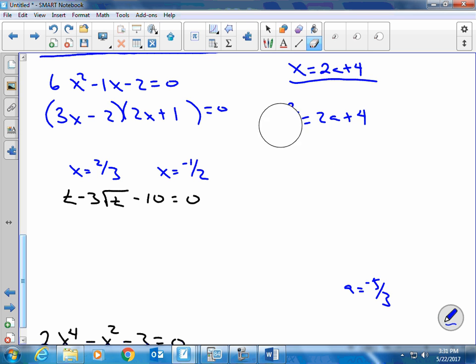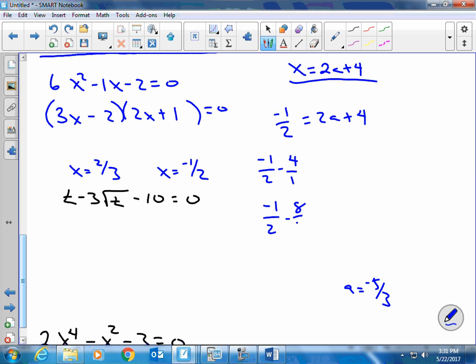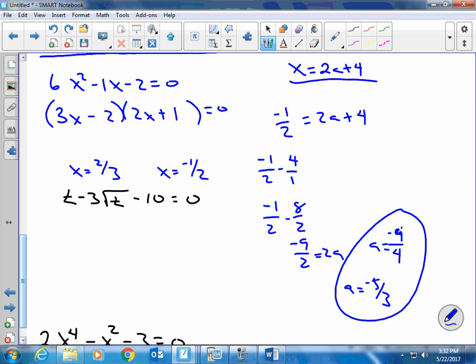Repeat the same process. Take the negative 1/2, stick it where x is at, and do it again. Negative 1/2 minus 4. Common denominator is a 2. And so I get negative 9/2 equals 2a. Divide by 2, and a equals a negative 9/4. And I get my two answers.